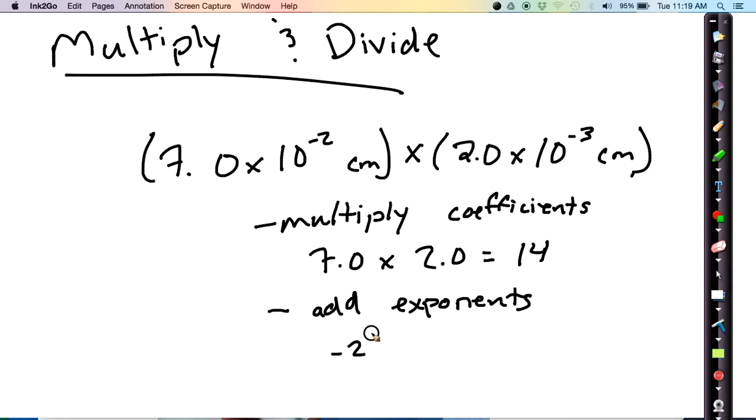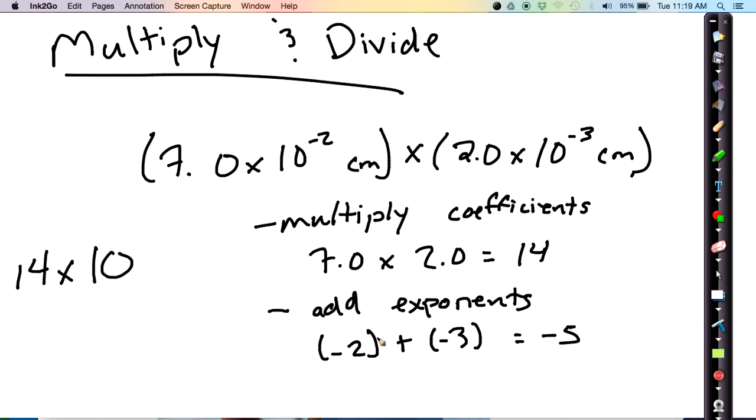So I have negative 2 plus negative 3, and that gets me negative 5. So what I now do is I take my multiplied coefficients, 14, and I'm going to multiply by the power of 10 given after adding the exponents, which is negative 5.